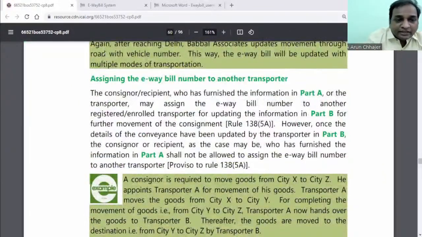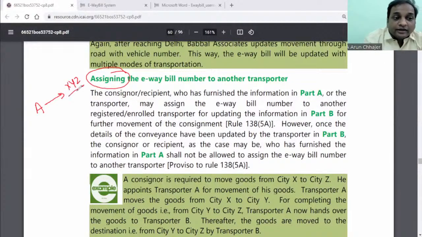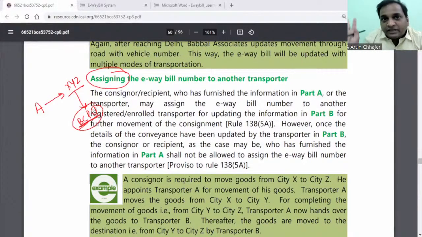Assignment of Eway Bill to another transporter. Mr. A has given the shipment to be delivered to XYZ transporter. Now XYZ has given the work, or sub-assigned the work, to say BC Private Limited. In that case, the assignment of Eway Bill is possible.